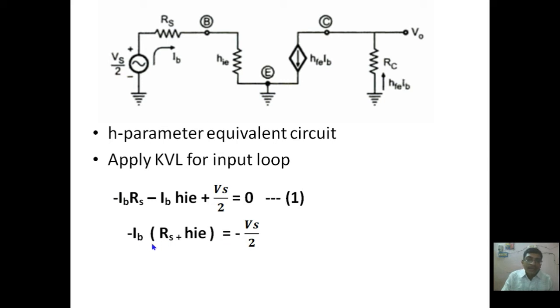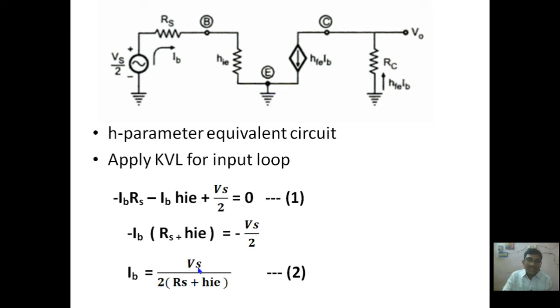Therefore, IB into Rs plus HIE is equal to Vs by 2. So in order to calculate the IB value, IB is equal to Vs by 2 divided by Rs plus HIE. Since Rs plus HIE is multiplying IB, when it goes to the right hand side it divides Vs by 2.